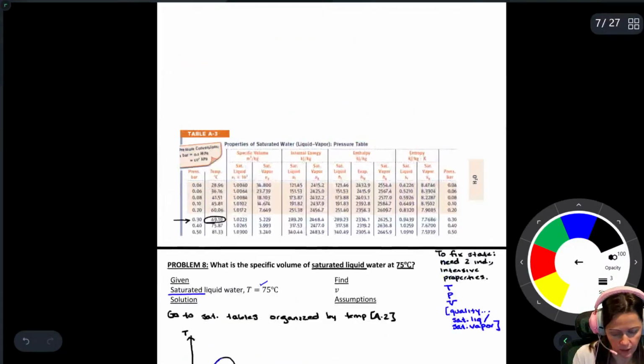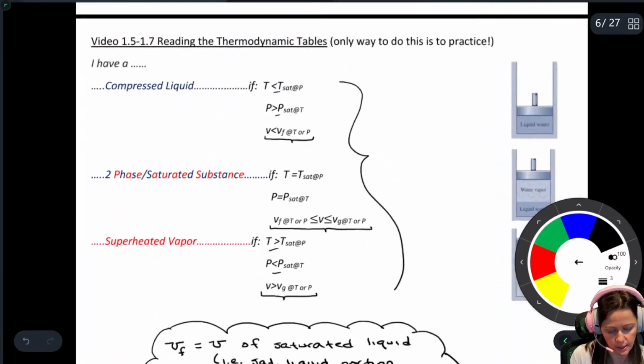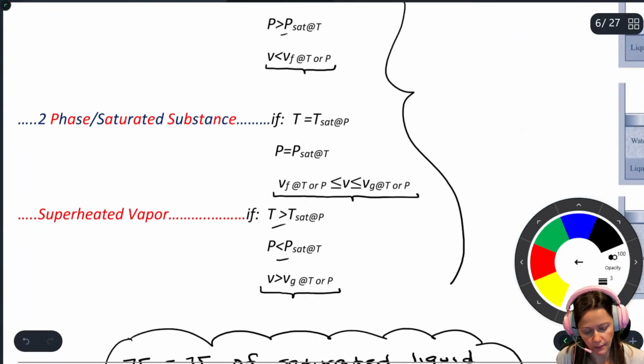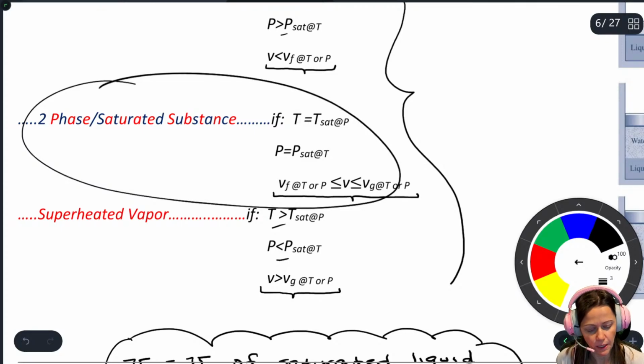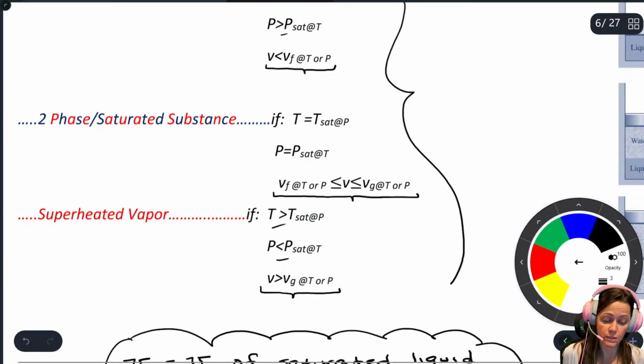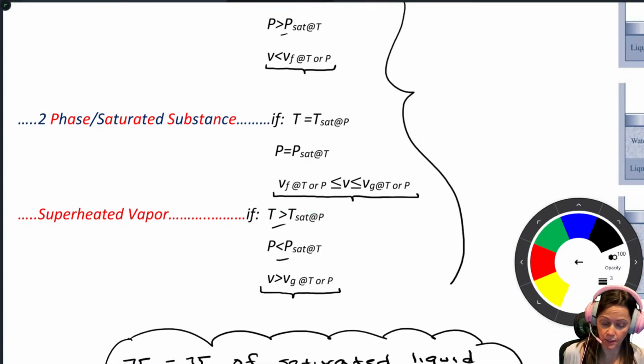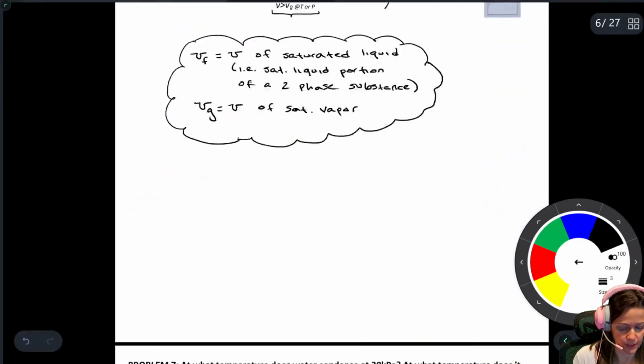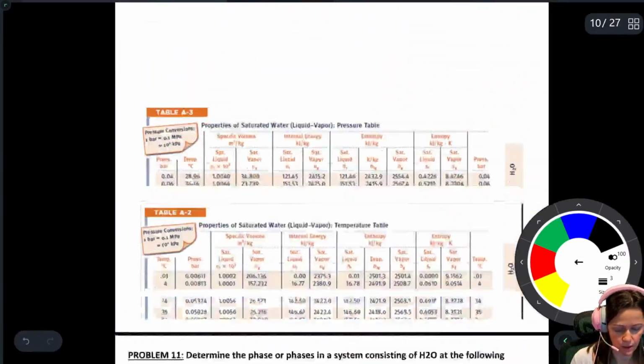Actually, go back here. We have rules to tell us whether something can be in that two-phase region, right? So if the temperature is equal to the saturation temperature at that particular pressure, or vice versa with the pressure, then we know that it's saturated. So that's what we're going to use here.